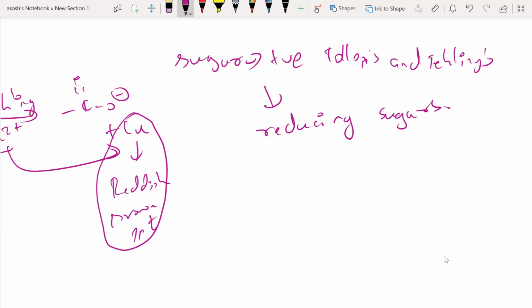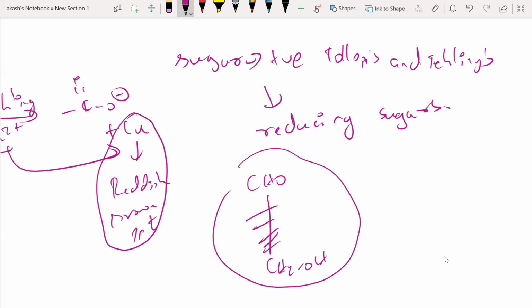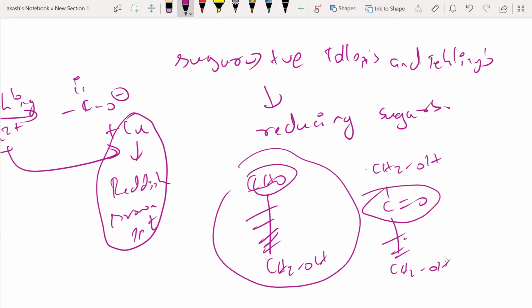Now, if you look at the structure of glucose, I know there is a CHO, something, something, something, CH2OH. This kind of structure exists for glucose, or anything which has an aldehyde for that matter. But fructose has CH2OH, C double bond O, and again goes up to CH2OH. This becomes a ketone, and this is an aldehyde. This is glucose, and this is fructose.